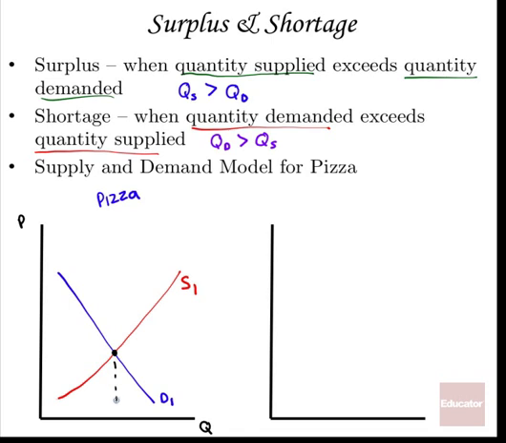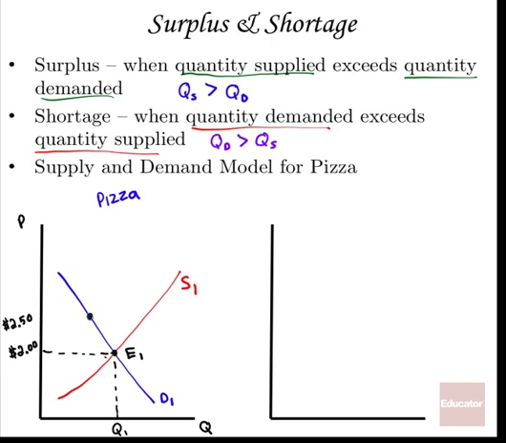So the equilibrium here is Q1 and P1 here. So let's say that instead of using P1 right here, it's $2. What happens if you're at the $2.50 price? So let's say the price of pizza is $2.50.